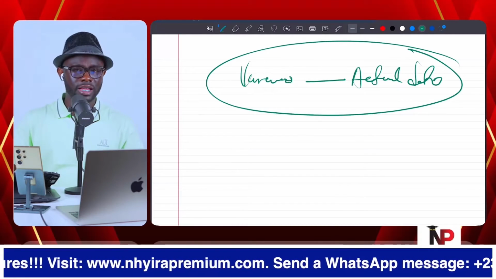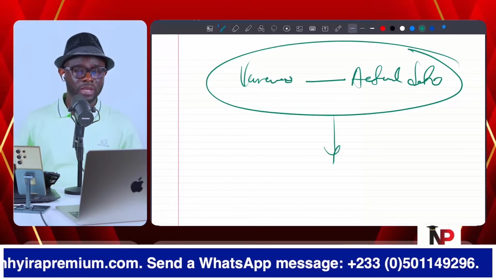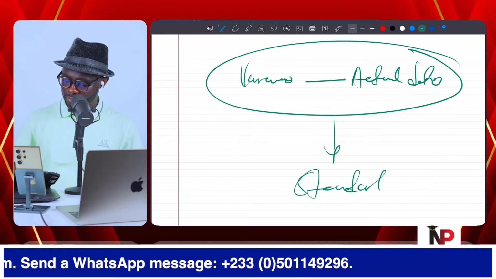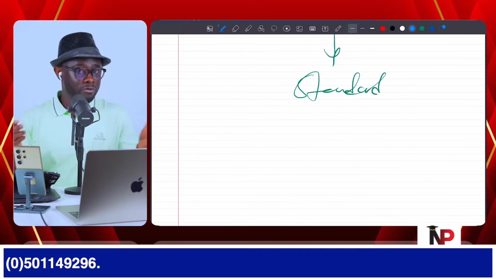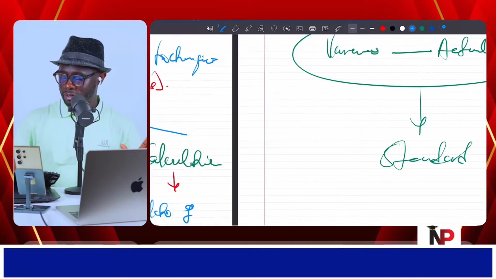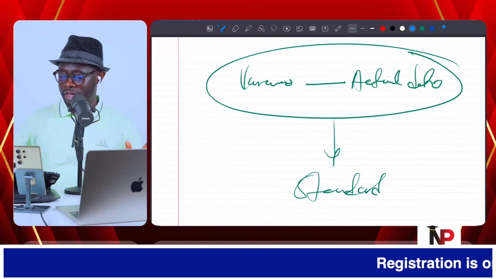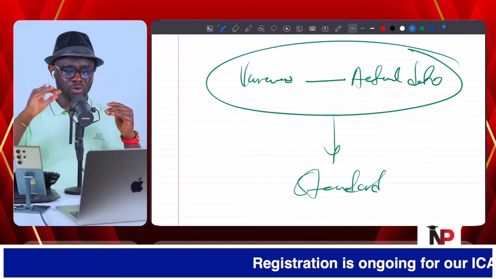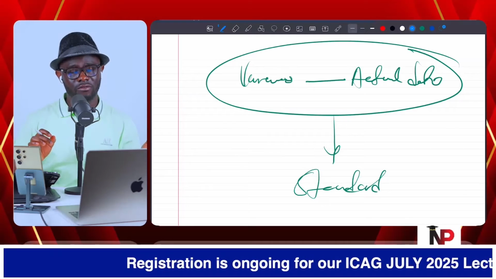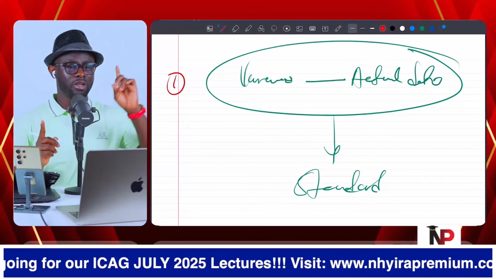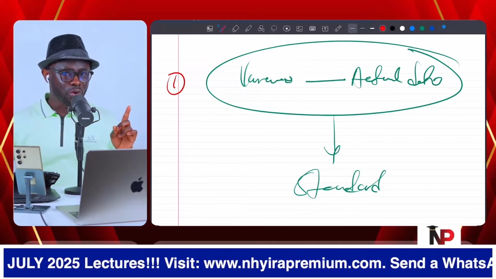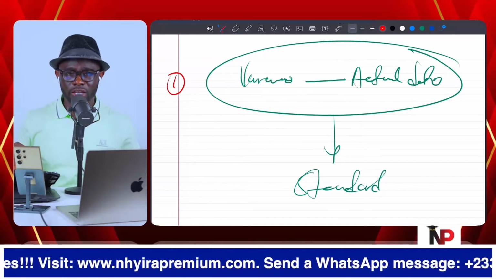Then the examiner will say, using that, give me the standard. The normal one, which is the basic one I spoke about, is where you are given the actual and the standard and you are calculating the variance. But here, the examiner gives you the variance and the actual data, then you are supposed to calculate the standard.